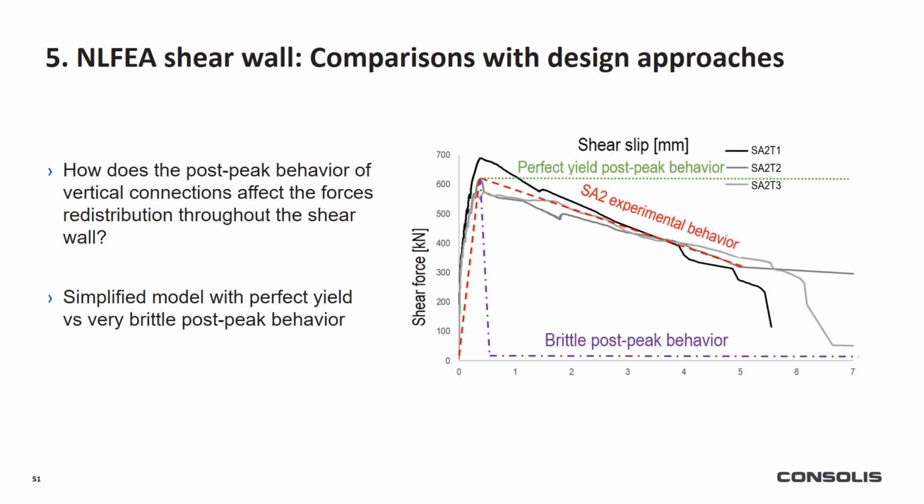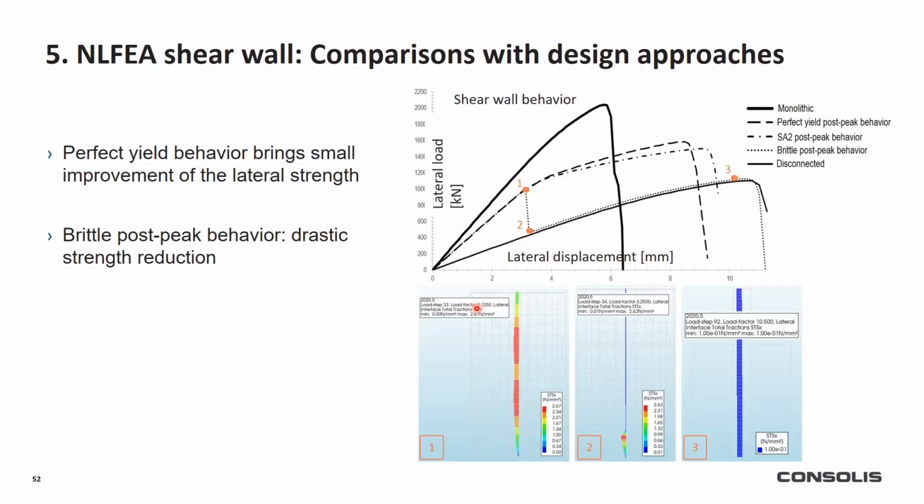Finally, we can see a comparison between the different failure modes that might occur for the vertical connection. We have an assumed perfect yield post-peak behavior in comparison with the brittle behavior. And we can observe the results here by doing a comparison in terms of lateral displacements for the shear wall. The comparison is set between a monolithic wall and two independent walls.